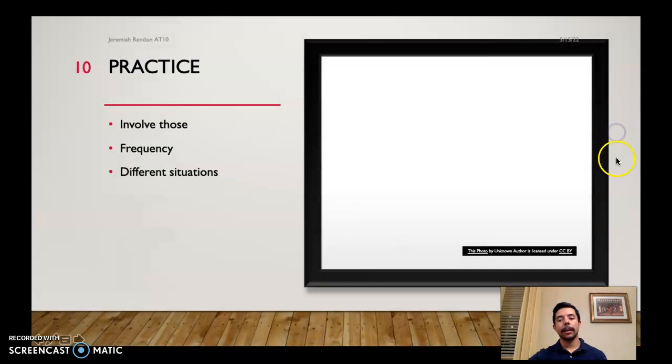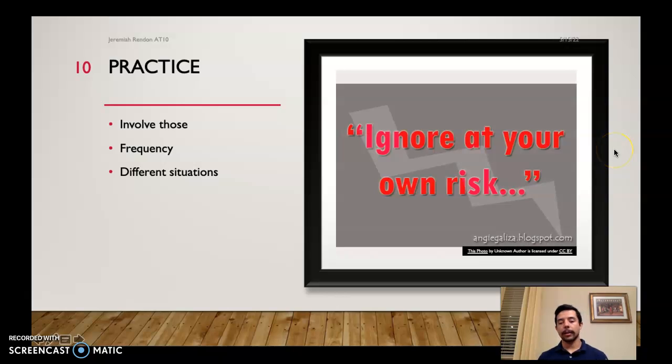And lastly, practicing. This is what's really going to make the difference in how effective your plan is and how well it works. Again, making sure all those within your party are involved. And then the frequency with which you practice is really going to make the difference in how well your plan works, how well it's carried out, and how well everyone understands the plans.